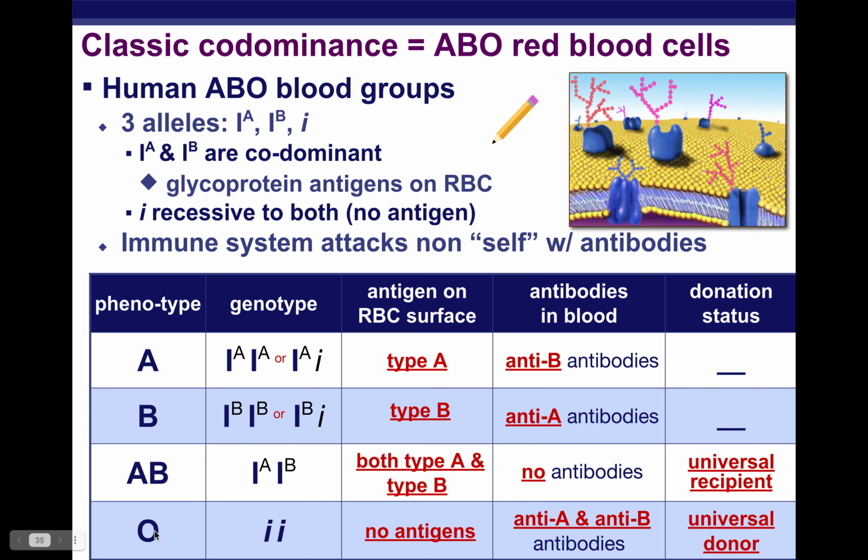But if you're type O, that's recessive, that means you have an absence of antigen, so you don't make any proteins. And in this case, your blood can be given to anyone else if you're type O, but you can't accept blood from anyone else because your body will attack it. Now, these are the genotypes that lead to these different blood types, because A is produced by a dominant allele, B is produced by a dominant allele, and O is just a recessive allele.